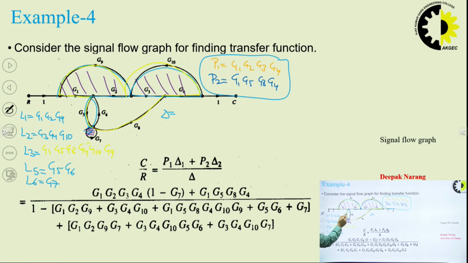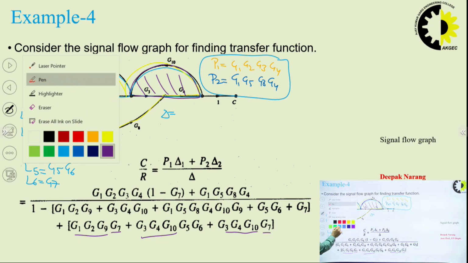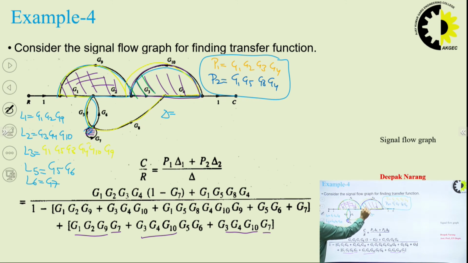G7 is non-touching with this loop, and G7 is also non-touching with this loop. Another loop is G3, G4, G10, which is also non-touching with this small loop G5, G6. So we have listed all the combinations of loops and non-touching loops.